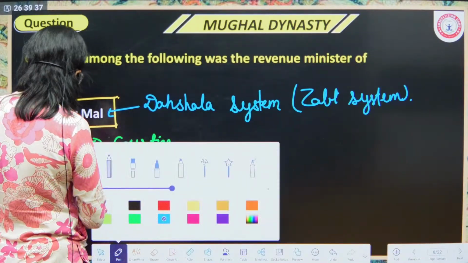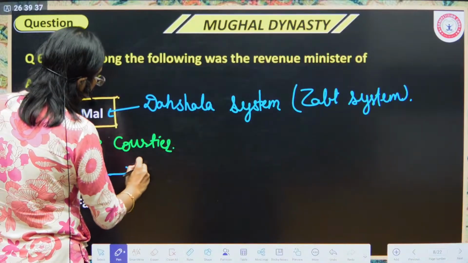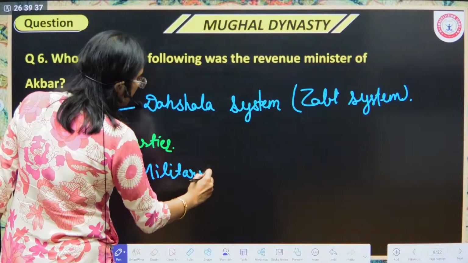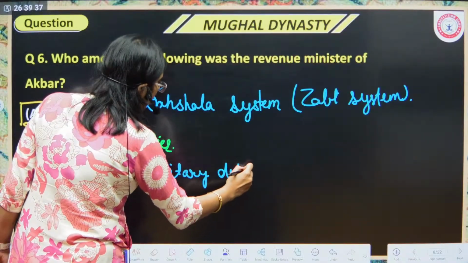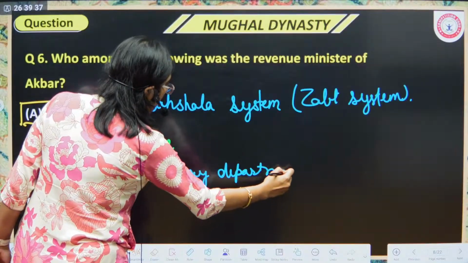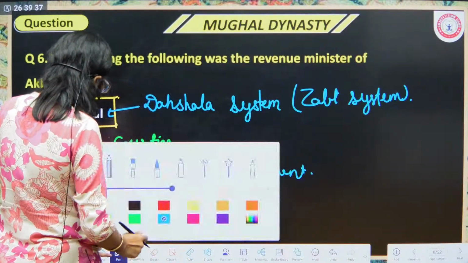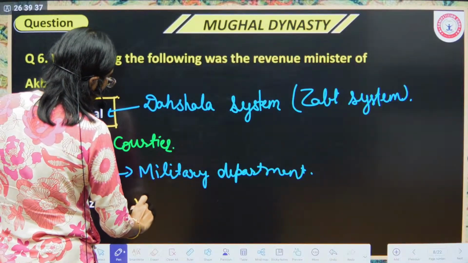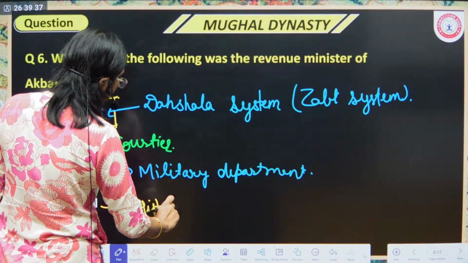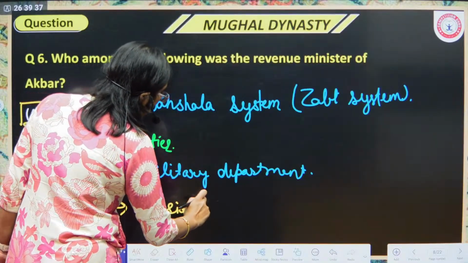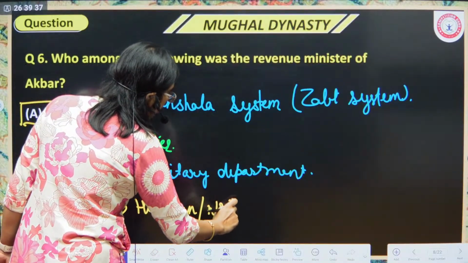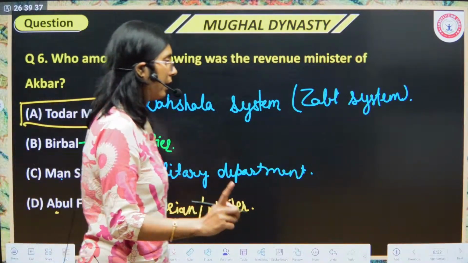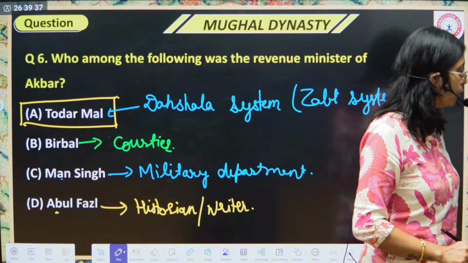And Man Singh, he is related to the military department. And Abul Fazl was the historian or writer. ठीक है? दरबार का एक लेखक मात्र था अबुल फजल.